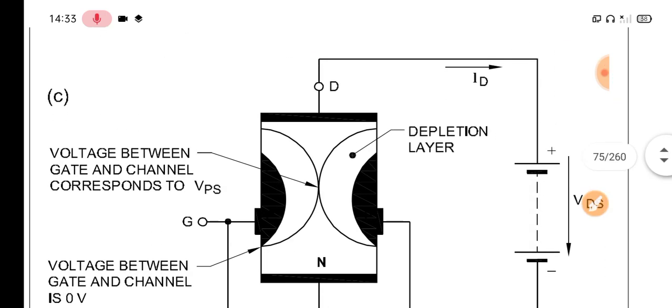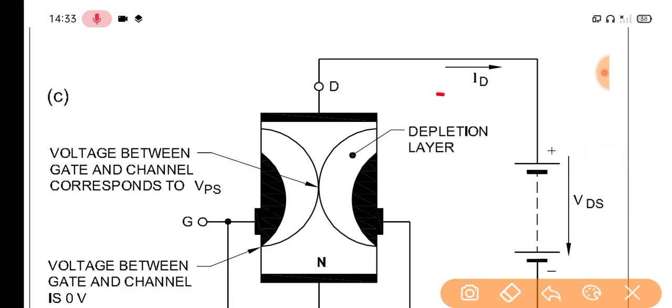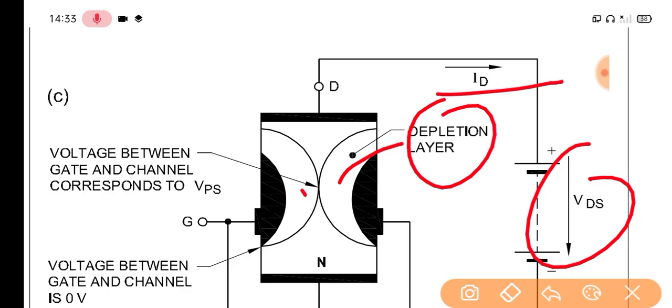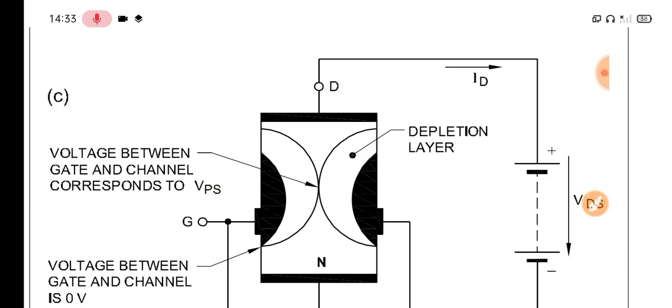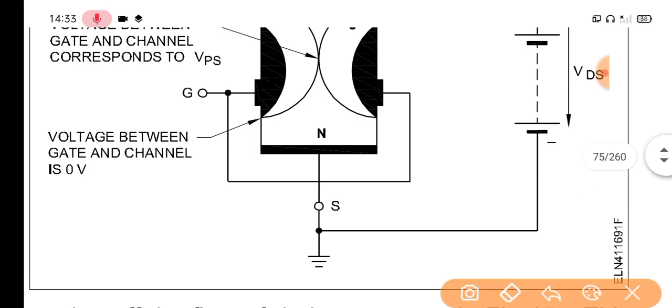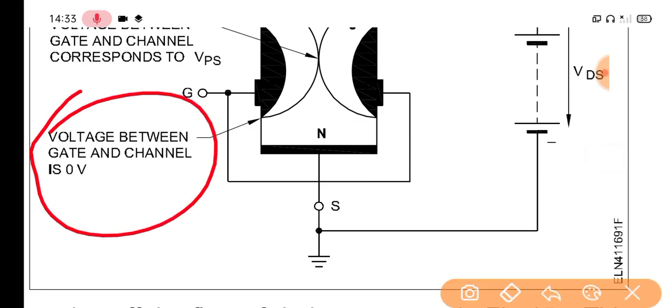In picture C, this is drain current and VDS, depletion layer, and this is the voltage between gate and channel corresponding to VP, and the voltage between gate and channel is 0 volt.